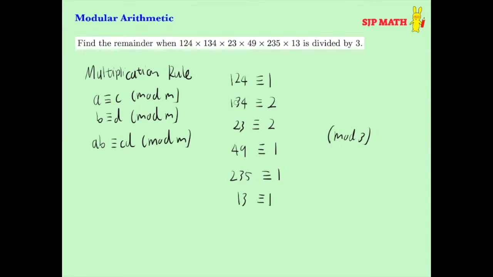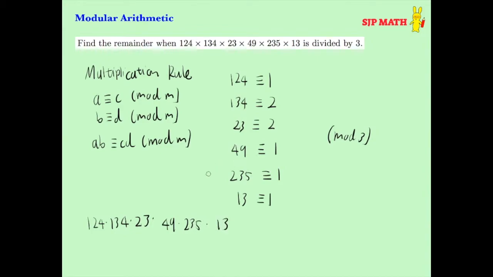So we're done with this. And again, using the multiplication rule, we can see that the product of all these numbers is congruent to the product of all these numbers, mod 3. So let's try that out. 124 times 134 times 23 times 49 times 235 times 13.